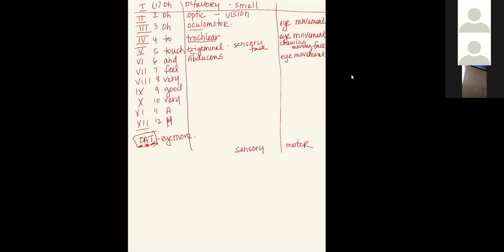Now the first F is facial. The facial nerve actually has 5 branches. It has to do with taste, and I always put it as the touch and movement of your face.